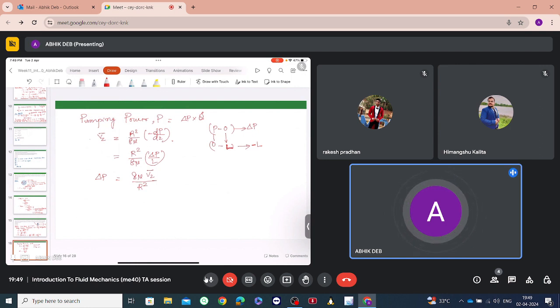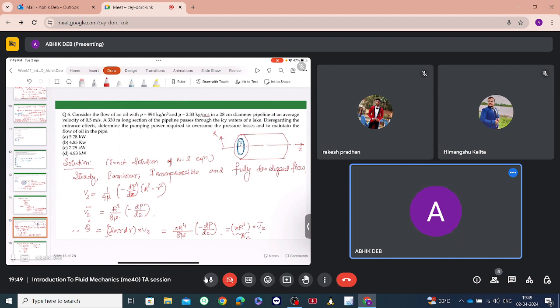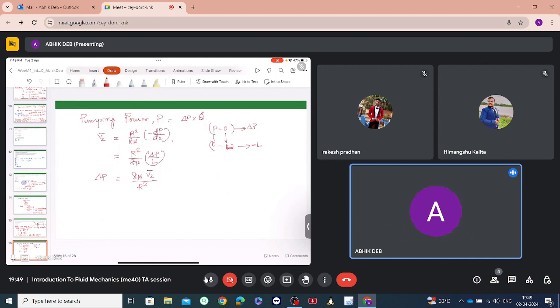But we have been given the diameter, right? 28 centimeters. So if we write r in terms of d, it is d by 2 whole square, so 4 by 4 there will be, and it will be 32 mu Vz average by d square.